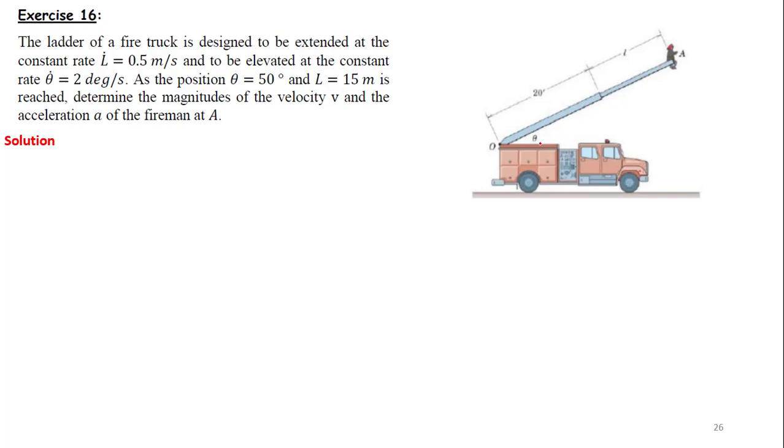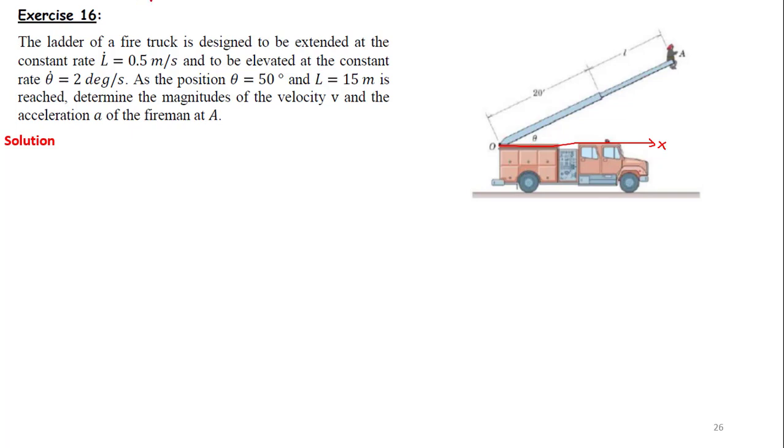And also the angle theta between the horizontal axis x and the ladder can be changed with time, to give more flexibility and to elevate the ladder to a certain height. So we have two variables that can change here, L and theta.